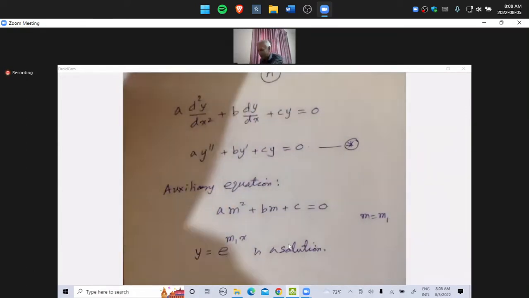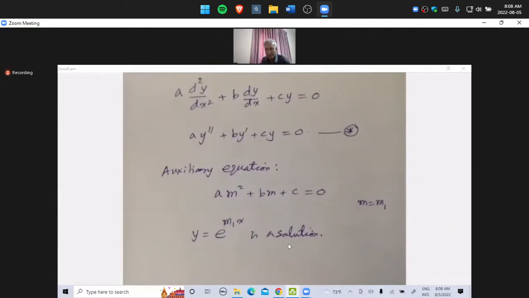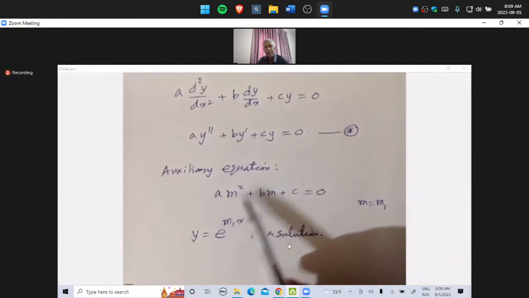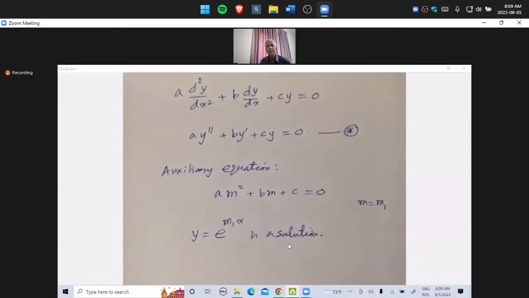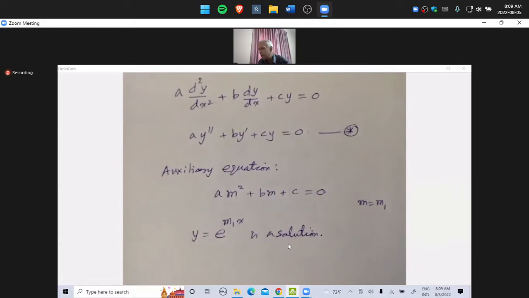Maybe it was a bit difficult to grasp straight away. But all we are saying is, if we substitute this into the equation, we get a m1 squared plus b m1 plus c, which is equal to 0, times e to the m1x, equal to 0. So if m1 is a solution of this equation, then y equals e to the m1x is a solution.